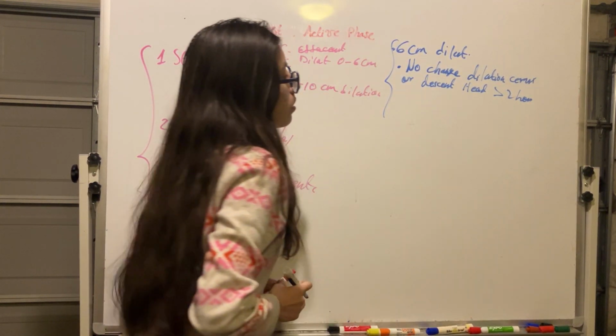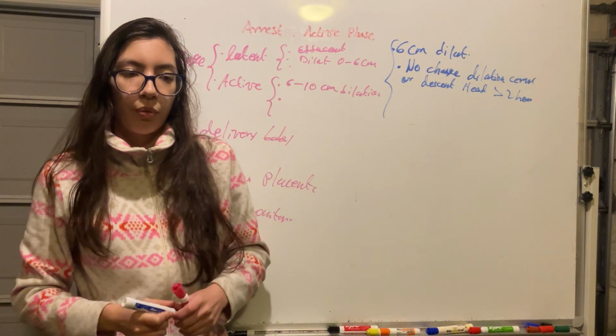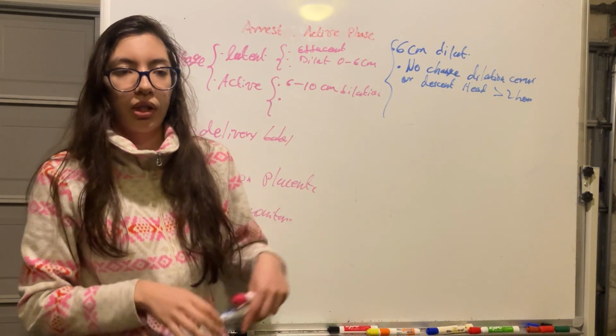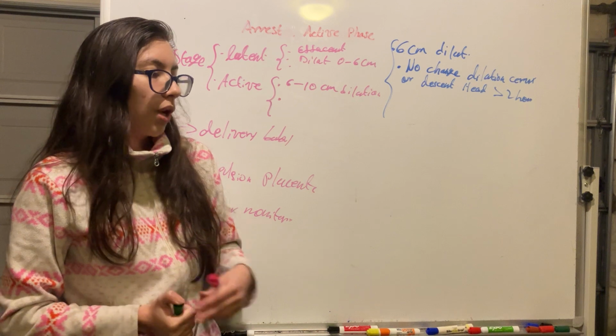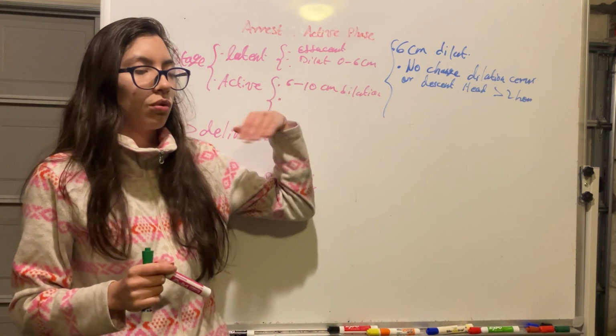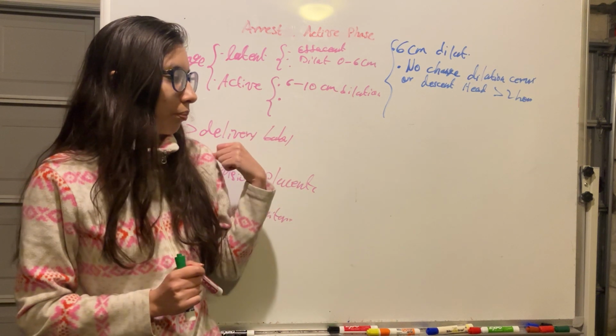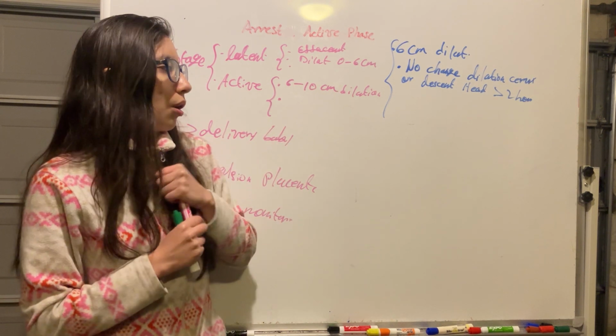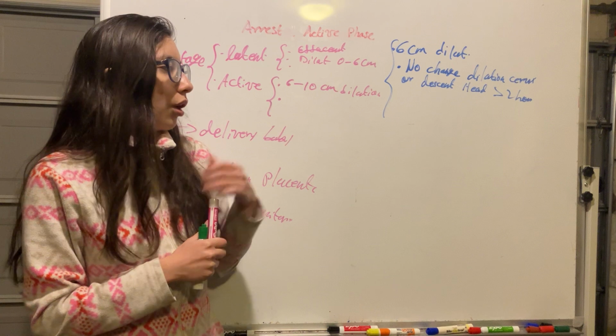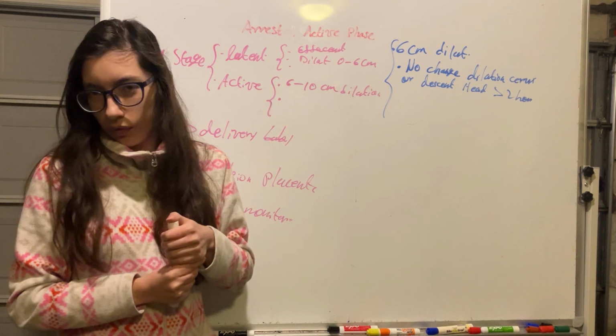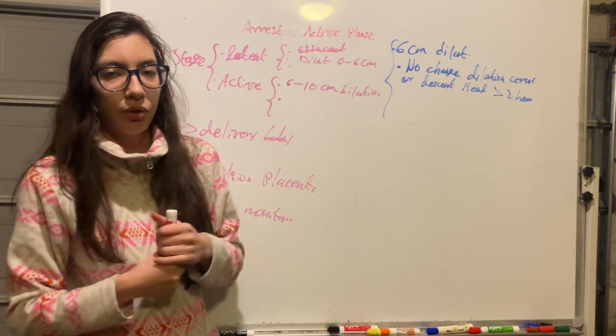Remember that during the stage 1 of labor we have a little bit of descent of the head of the baby, from -5, -4, -3 stage or degrees of stage in the classification. We already reviewed that in another video.